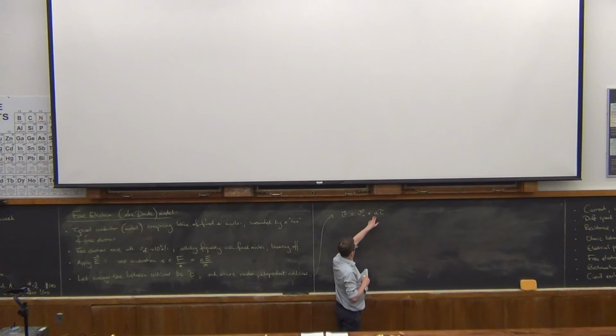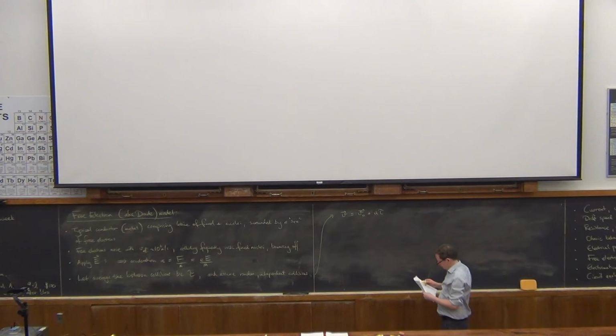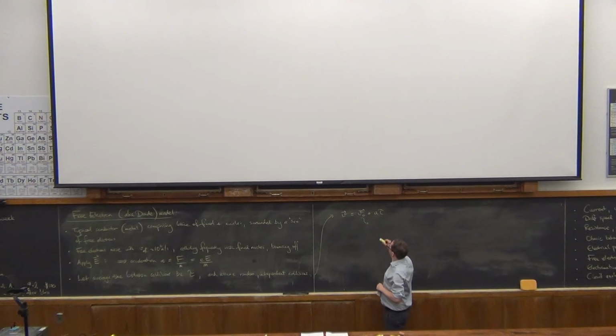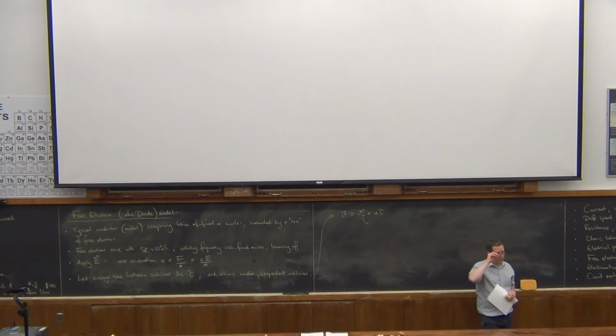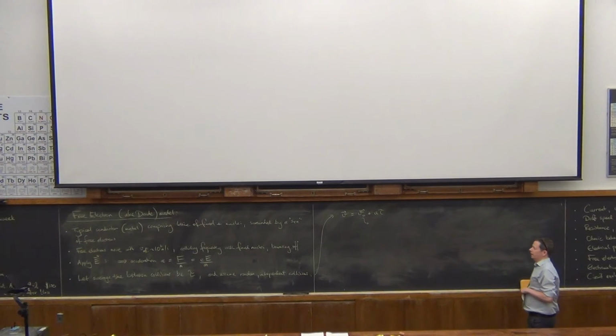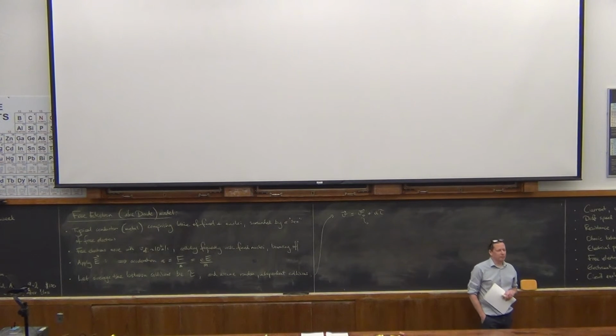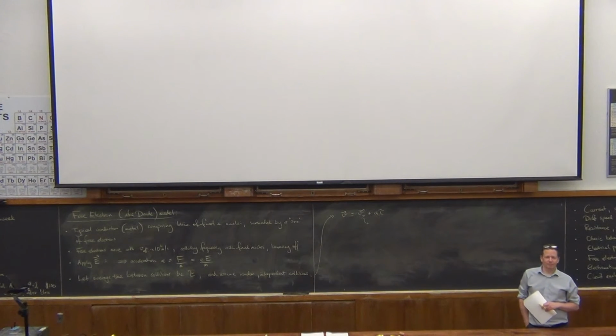That's this thing here, and on average, they're experiencing an acceleration for a time tau before they collide with another nucleus. So the initial velocity term is the average speed of all of these electrons before we apply our electric field.